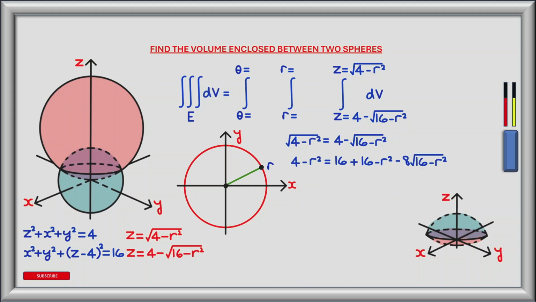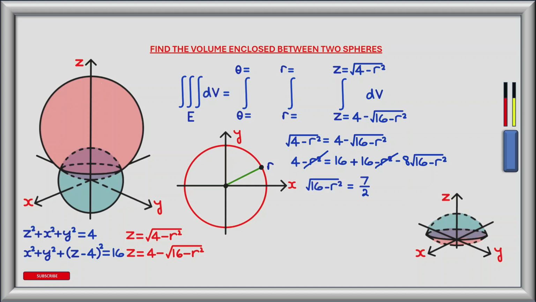If we square both sides of the equation, we get 4 minus r squared is equal to 16 plus 16 minus r squared minus 8 multiplied by the square root of 16 minus r squared. And simplifying this, we can see r squared here cancels with r squared here.